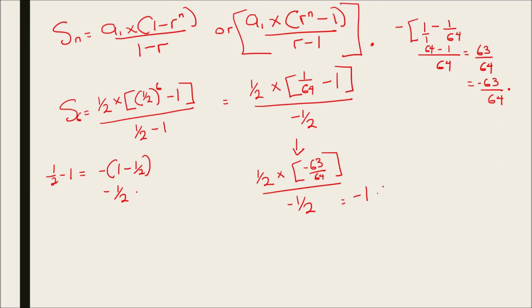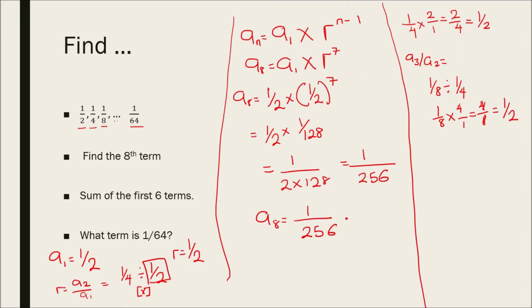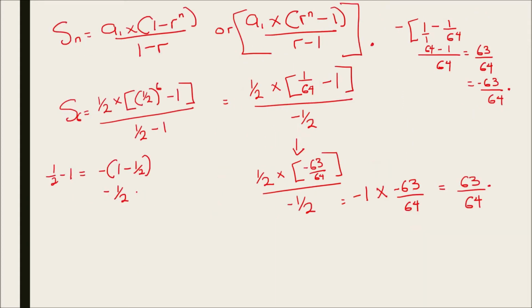Then minus 1 times minus 63 over 64: negative times negative gives positive, and my answer is 63 over 64. So the sum of the first six terms is 63 over 64. Our eighth term is 1 over 256, and the sum of the first six terms is 63 over 64.